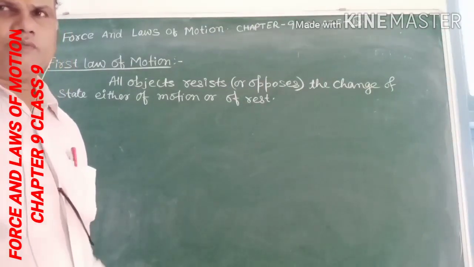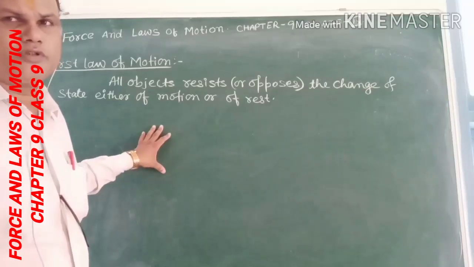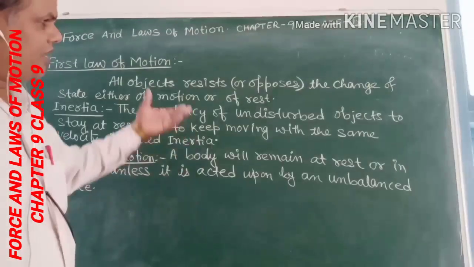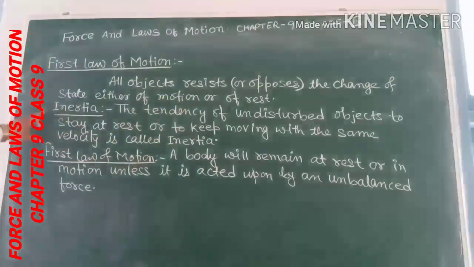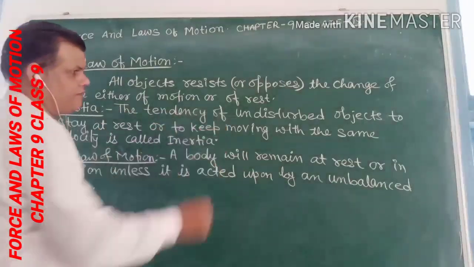Now we will write the definition of the first law of motion and the definition of inertia. These are the definitions of inertia and the first law. Now, what do we see in inertia?